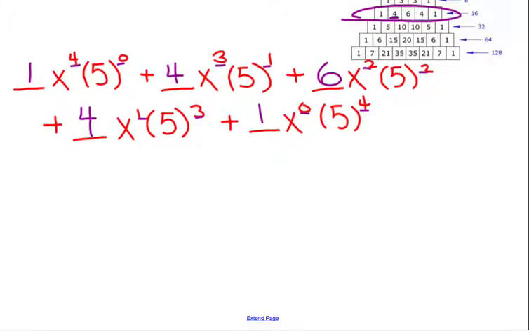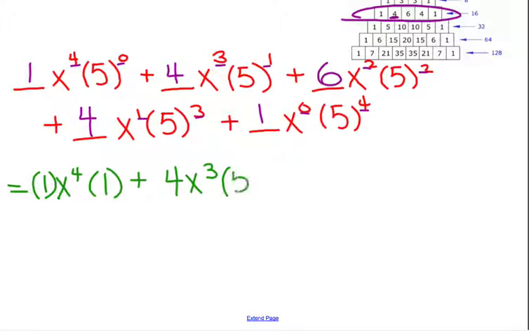Be careful here. So we have 1, x to the 4th, and then if you remember, anything raised to the 0 power is 1. Should probably put that 1 there in the front. Plus 4, x to the 3rd, and then 5 to the 1 is 5.